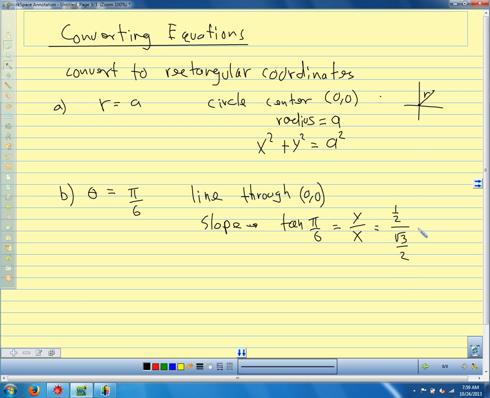So this gives me 1 over square root of 3, which is square root of 3 over 3. So there's our slope, square root of 3 over 3. So our line would be y equals square root of 3 over 3 x. So, the equation of a line in polar coordinates is a little easier to work with than the equation of a line in rectangular coordinates.